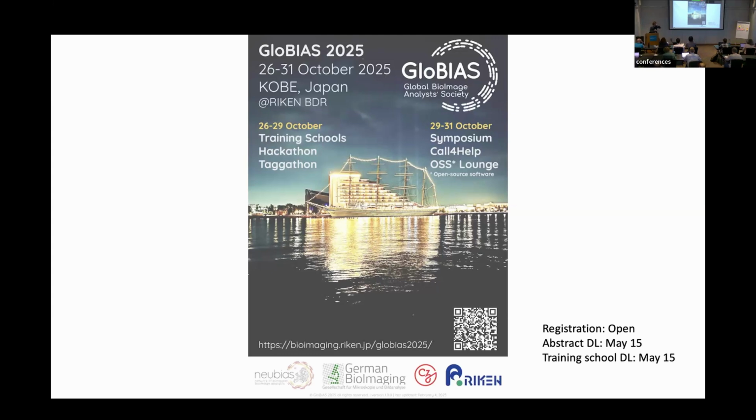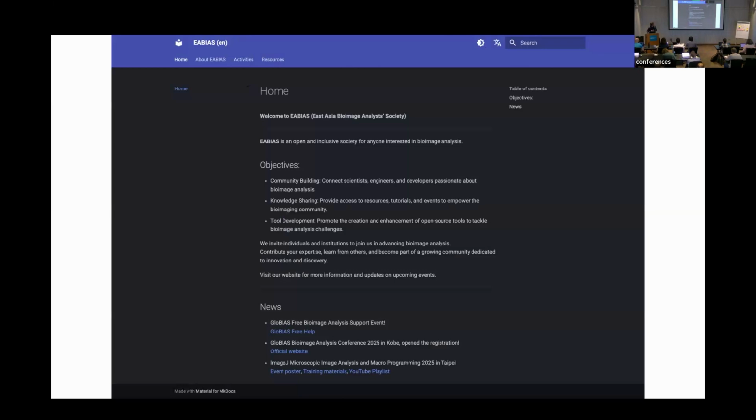So we want to integrate this analysis activity with data management and sharing. Related to that, we just started a smaller group, the East Asia Bias, EA Bias. It is still just Japan and Taiwan activity, but we want to expand it in the East Asia region.